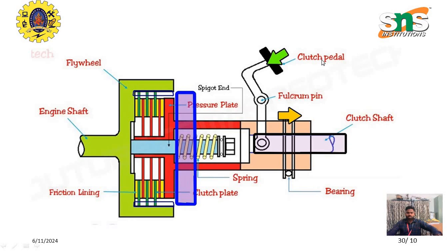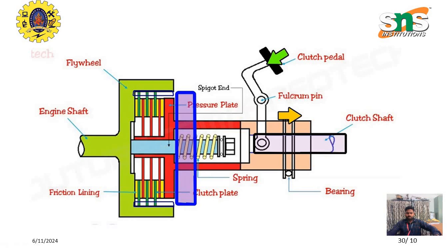While applying force by pressing the clutch pedal, this will engage these components: the clutch pedal, friction plate, and flywheel. These components are connected together with the help of the friction surface, and it disconnects the engine from the transmission system, so that we can change the gear accordingly.